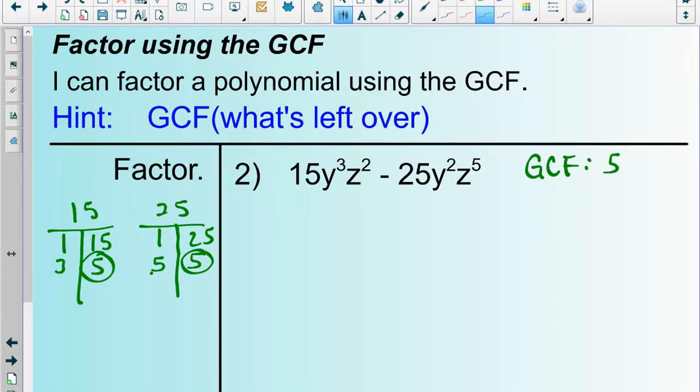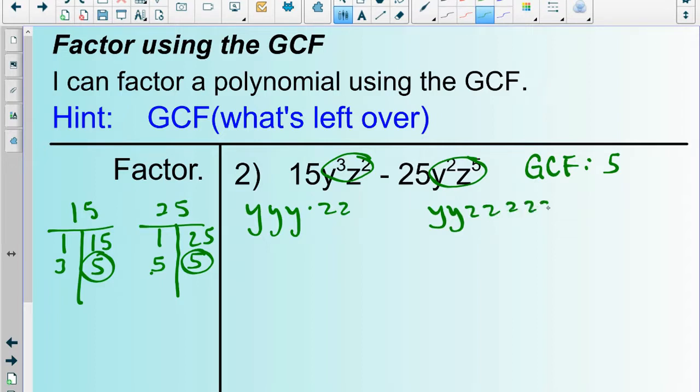And then you might remember this from yesterday when we wrote out all our variables. So y cubed times z squared, that was the first part. And then in my second expression, I had y squared and z to the fifth power. So what did we have in common? Well, they each have 2 y's, but that's it for the y's.